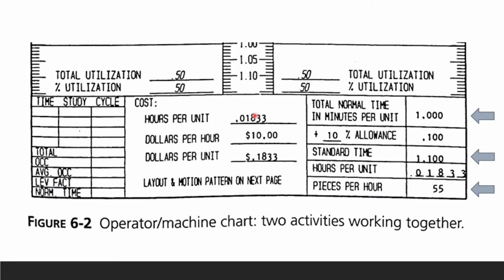Your hours per unit is here, 0.01833, and your dollars per hour is your labor cost that you're paying, and then you have your dollars per unit right there. So you multiply that and this, okay? Then hours per unit right there: 1 divided by hours per unit, which is 1 unit divided by 0.01833, and you're going to get your pieces or units per hour.